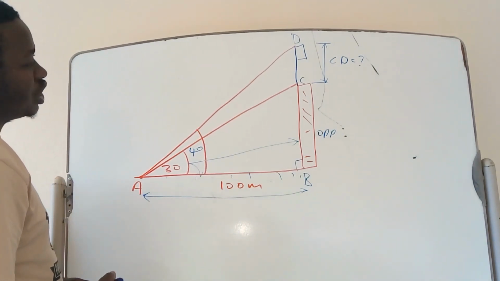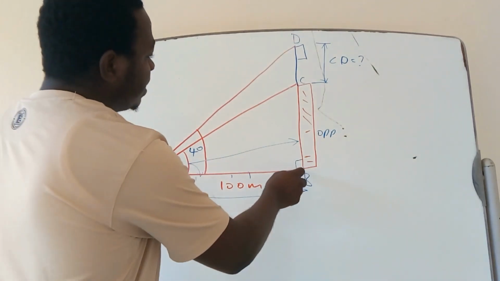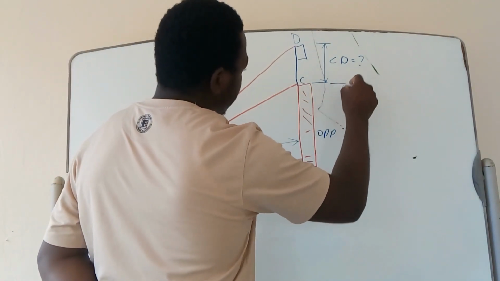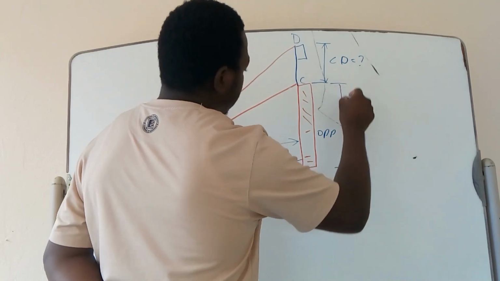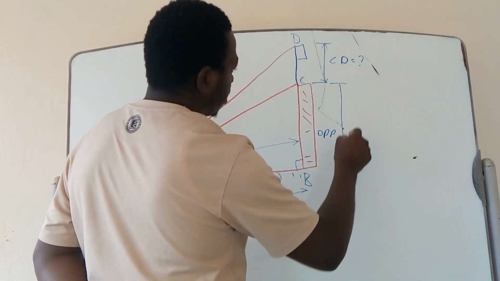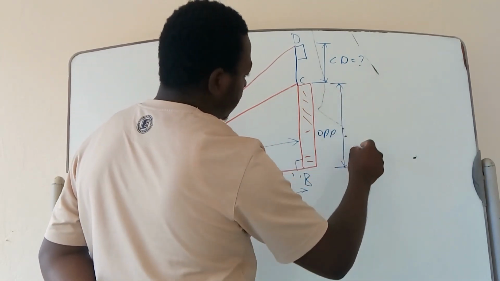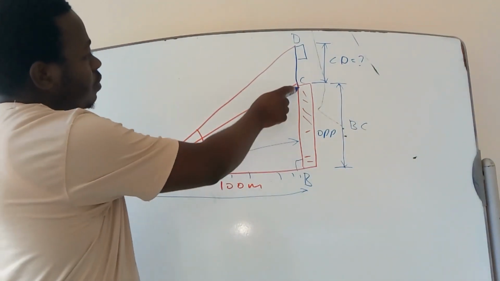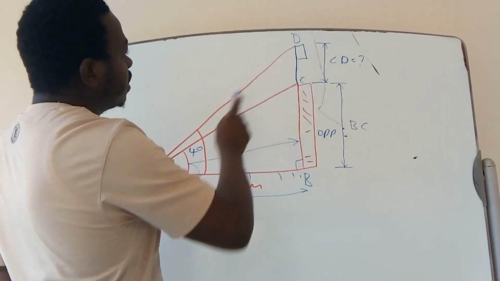Now with this information, we could determine the height of the building, which is BC in this case.